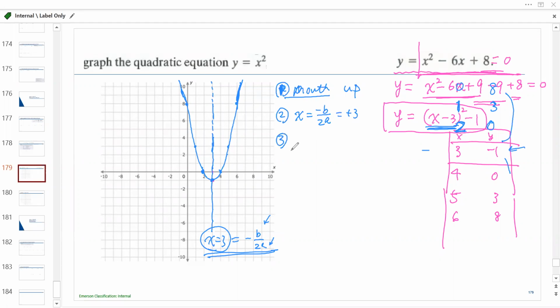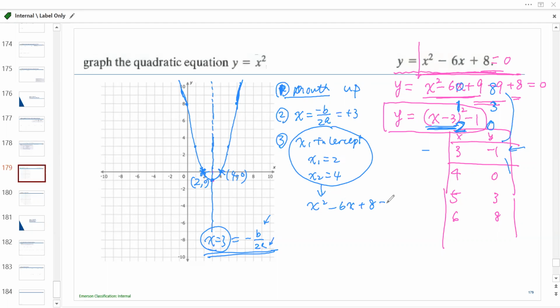The third one, we find the x-intercept. The x-intercepts are one of them (2, 0), the other one is (4, 0). So x1 equals 2, x2 equals 4. How does this come from? Actually, it comes from what we learned earlier: make this equal 0.